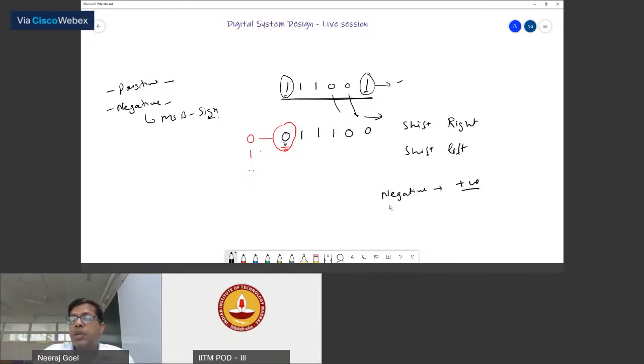That essentially means that it all depends whether this particular number was a positive number or a negative number. If it is a positive number, then whatever this number represented, this right shift essentially means the number is going to be half of that. Let's see how.